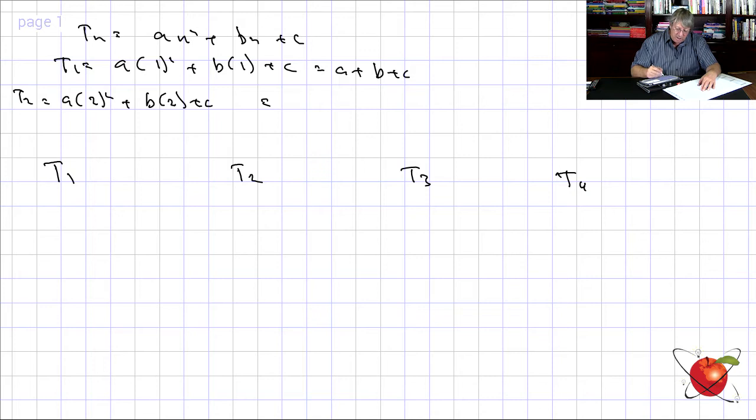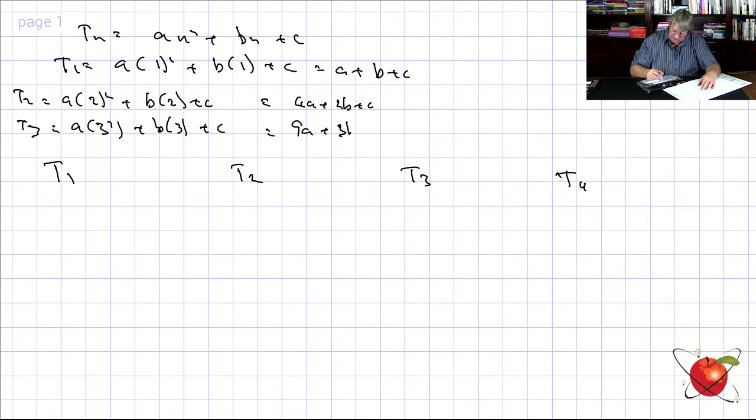That comes out to be 4a plus 2b plus c. All right? T3, I'm going to substitute n equals 3. I think you get the general gist of this. Plus b times 3 plus c. This comes out to be 9a plus 3b plus c.